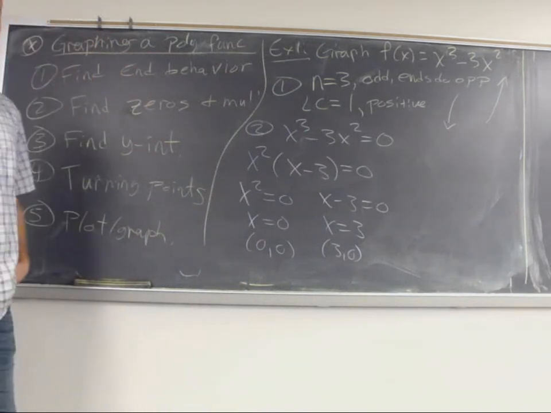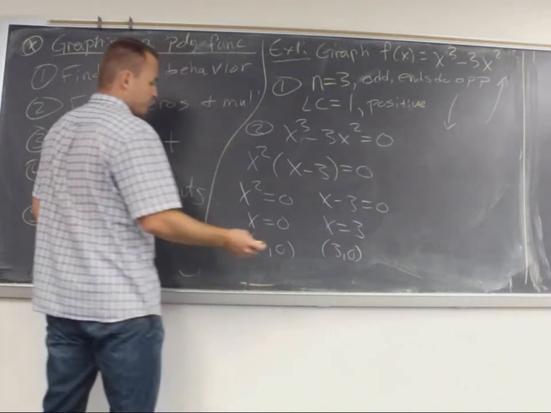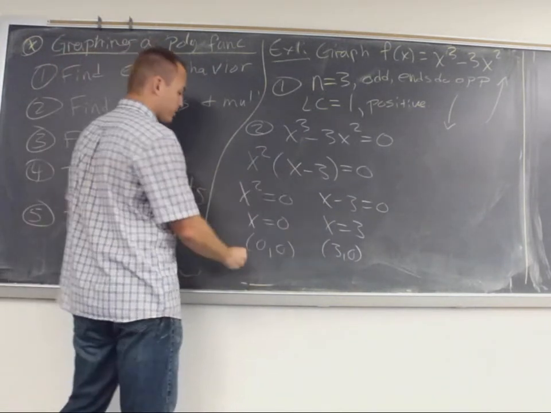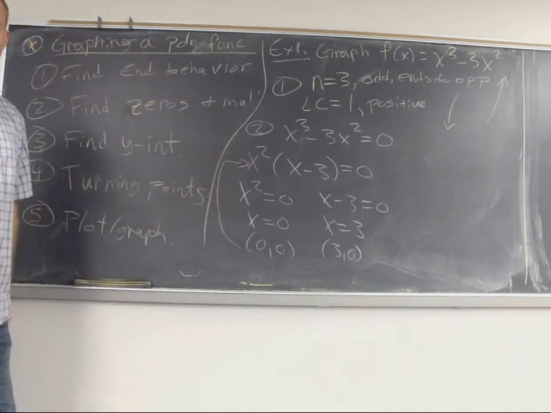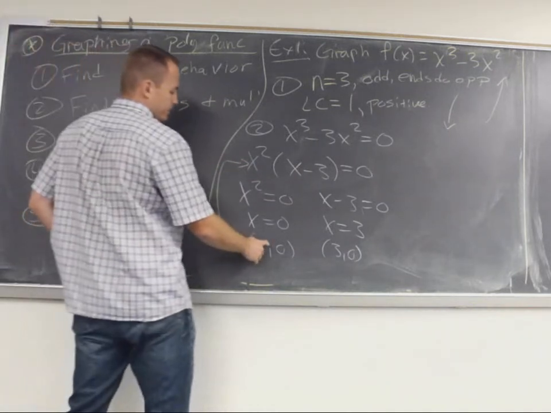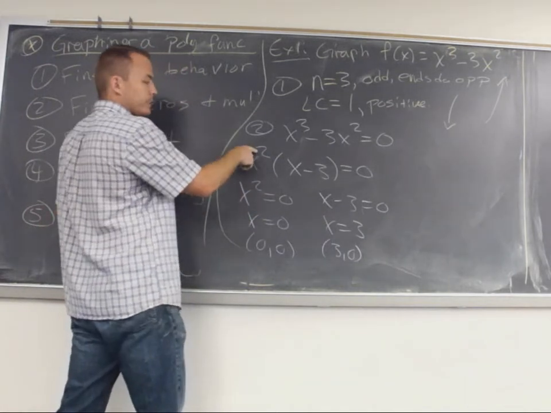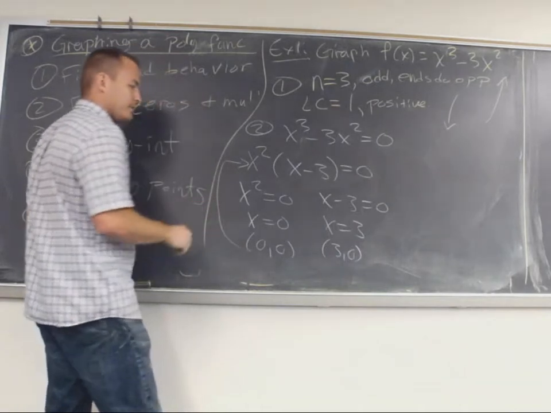Alright, now pause the video and try to determine the multiplicity yourself. So to find the multiplicity, we need to see where these points originated from. So we go back to right before we broke them out, and we see where 0, 0 originated from, and it came from this x squared. So that is a 2, which is even. So that means it's even multiplicity.